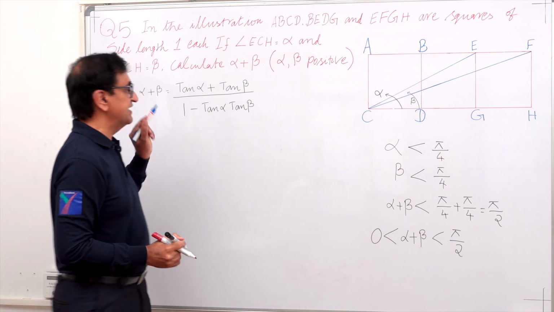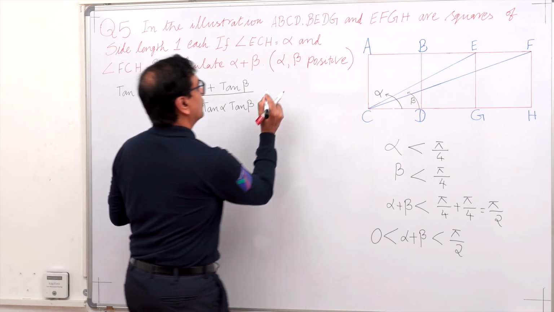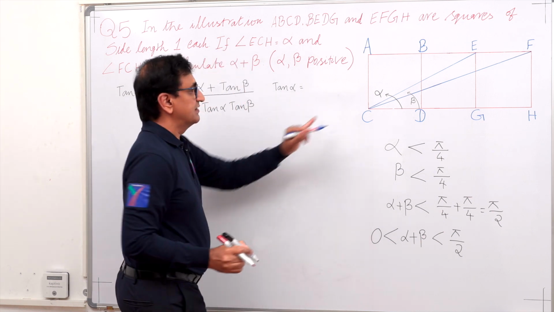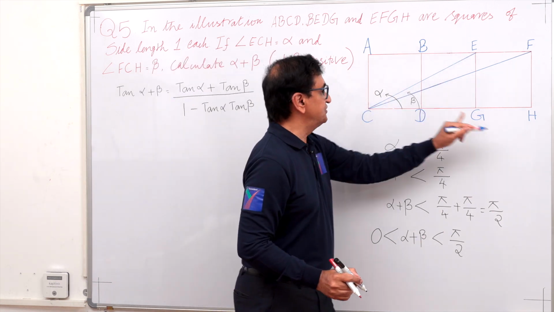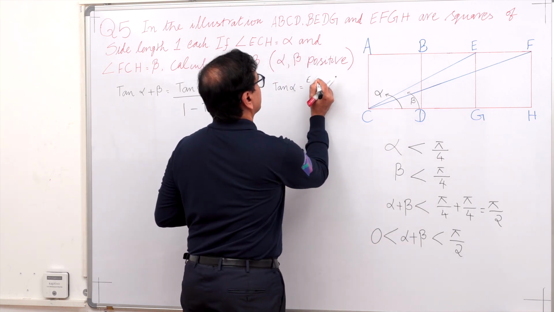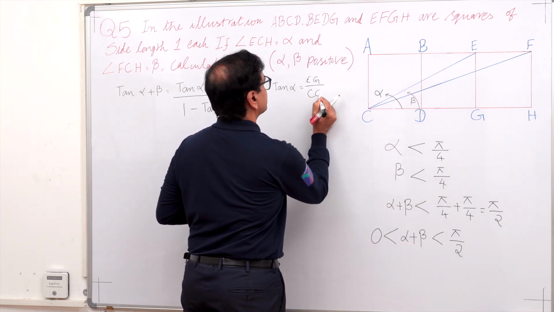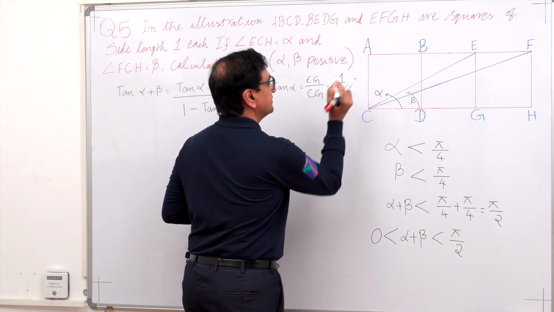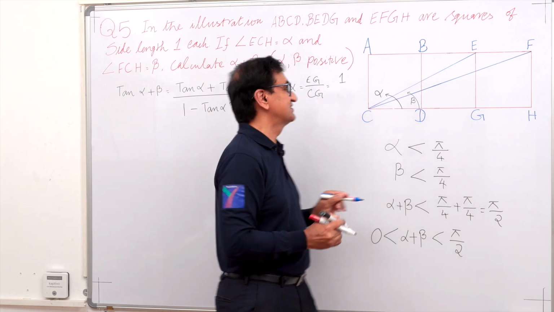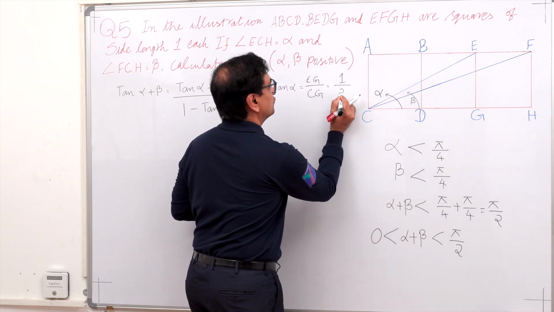Now let's calculate tan alpha and tan beta. Tan alpha would be EG divided by CG, correct? EG is 1 unit. CG is CD plus DG, that is 1 plus 1, 2 units. So 1 divided by 2.